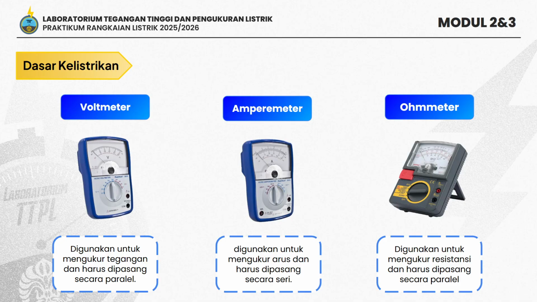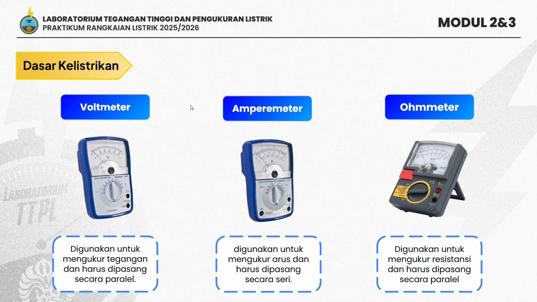An ammeter is used to measure current and must be connected in series. It has very low internal resistance, so if connected in parallel, the current would prefer to flow through the ammeter, which would cause a very large current if not connected properly in series with a load.